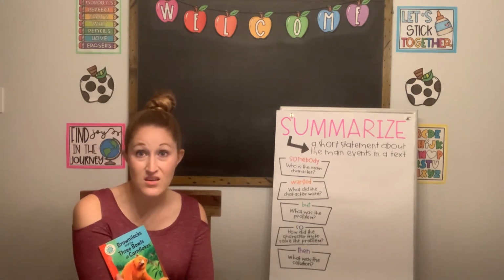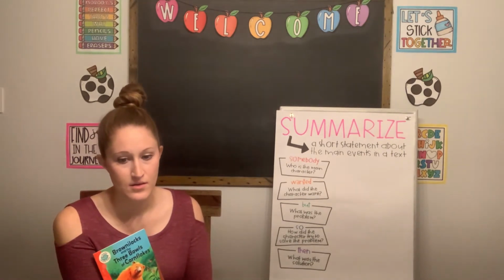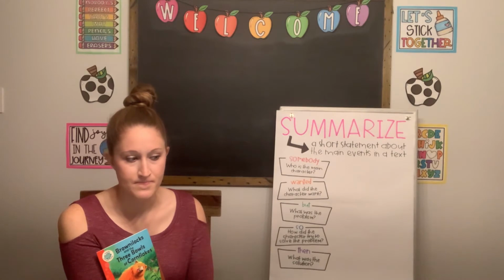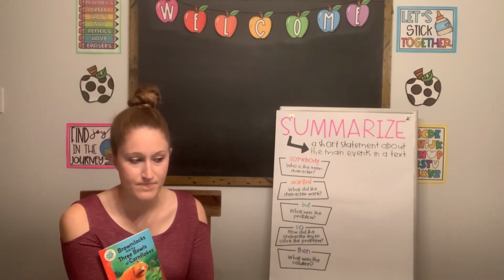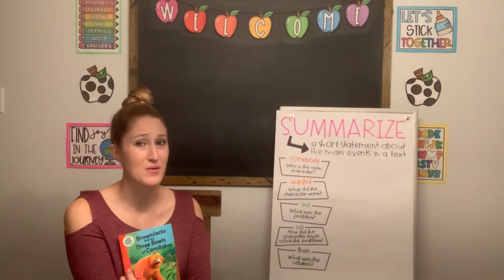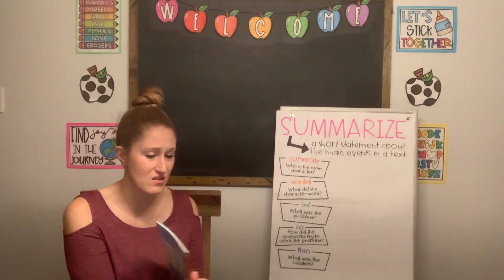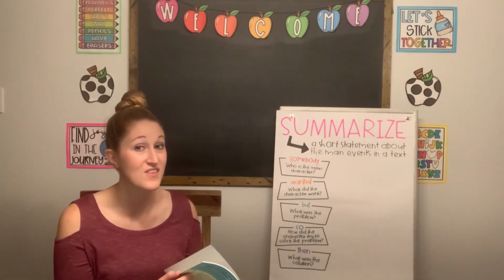Will they be happy? Angry? Mad? You know, I think I would be scared if there was a bear in my house. I don't know if I'd want to go in there if there was a bear. Well, let's read to find out.